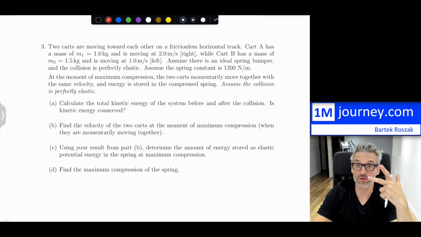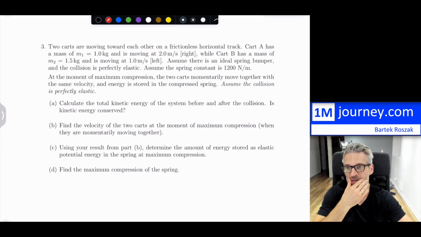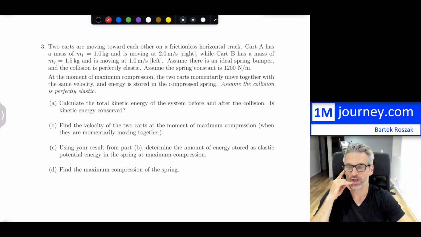Here's question number 3. This one might be a little bit more work, so let's take a look and see what it has. It has 2 carts. They are moving toward each other on a frictionless horizontal track. Cart A has a mass of 1 kilogram and is moving at 2 meters per second to the right. And then cart B has a mass of 1.5 kilograms and it is moving to the left.